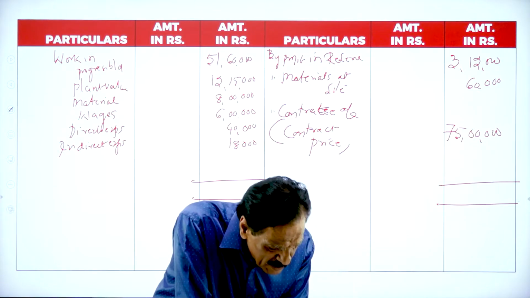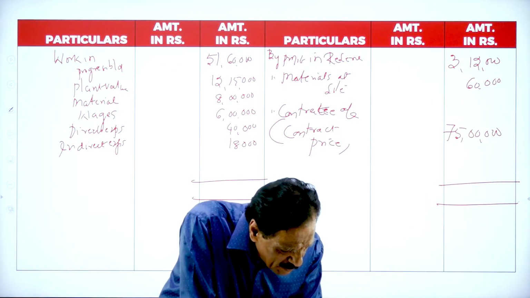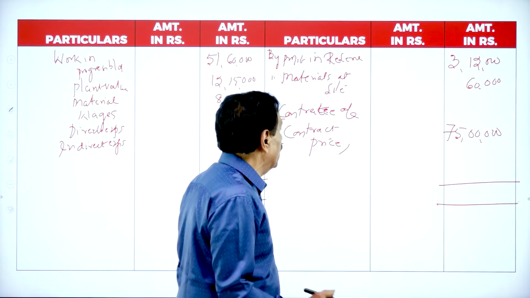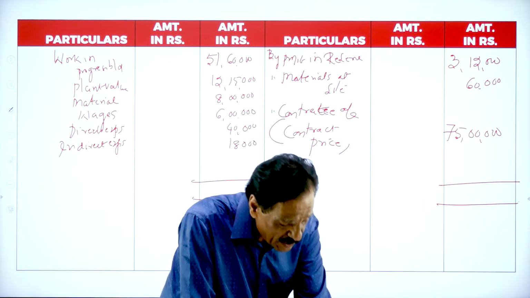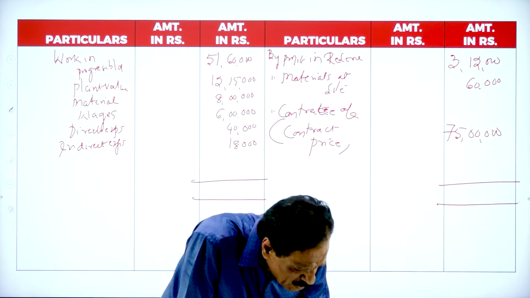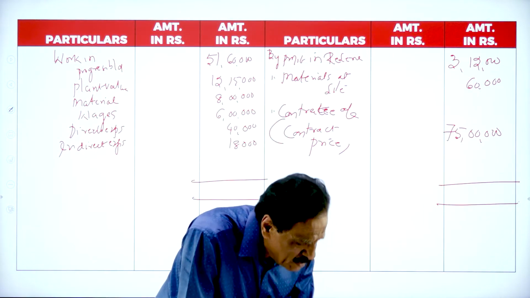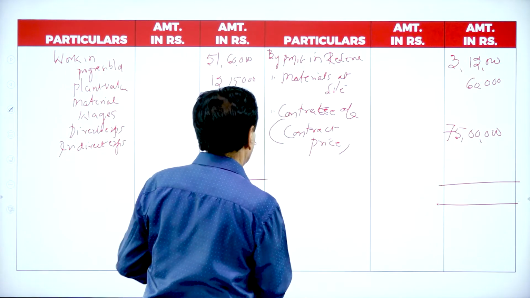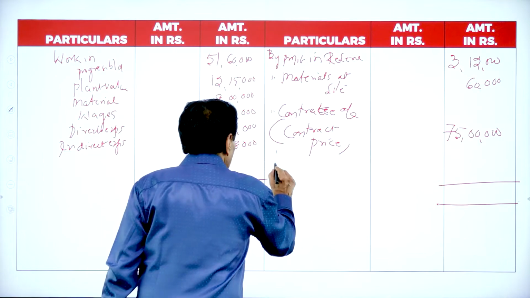First year over, second year over, third year. Your contract price 75 lakh. So 75 lakh plus 3,12,000, plus 60,000. Then plant value.